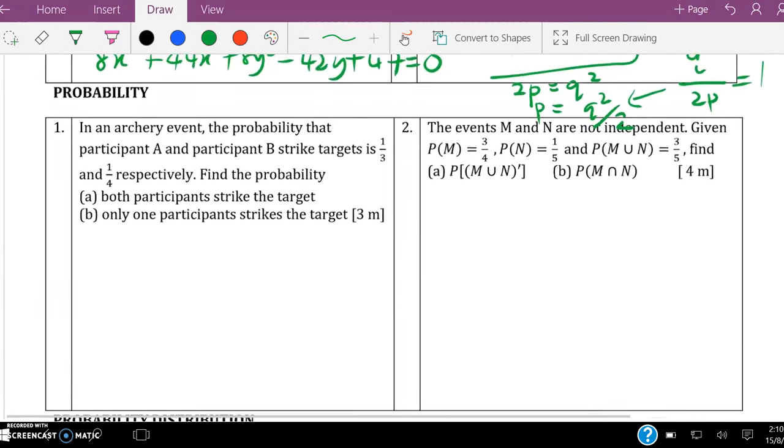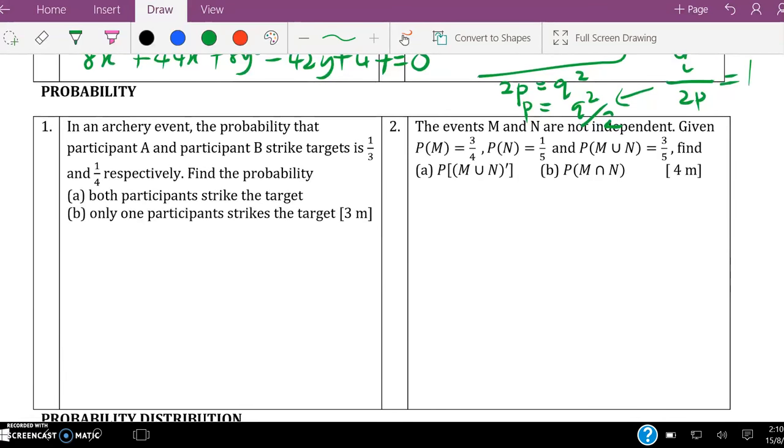Probability. In an archery event, the probability that participant A and participant B strike targets is 1 over 3 and 1 over 4. Find the probability that both participants hit the target. So the probability of both hitting the target means 1 over 3 times 1 over 4, which is 1 over 12.